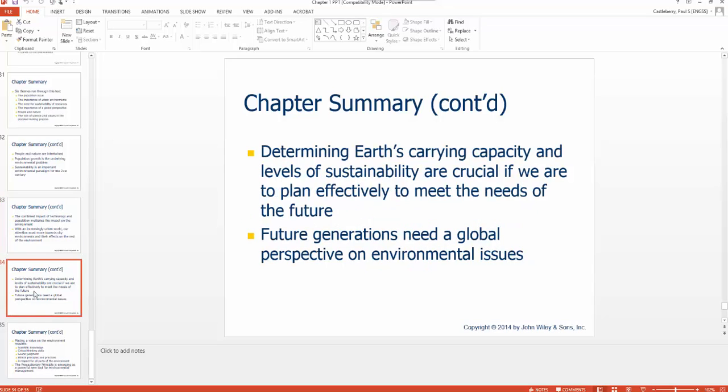And then I think really one of the keys here, and this is not an answer we'll be able to come up with initially, is figuring out how much the Earth can actually hold in terms of human population, and to continue to be able to use resources without depleting those. This will have an impact on future generations.